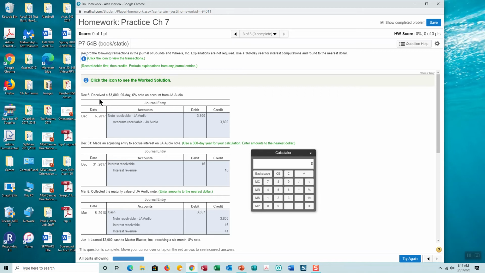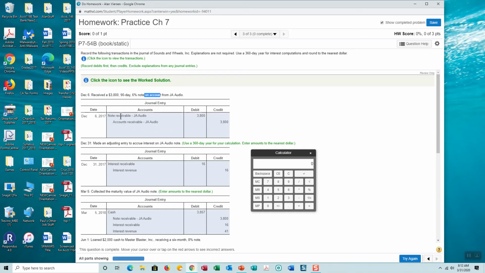The first one says we received a 90-day 6% note from JA Audio, and because it says on account, we know what that means. We're going to exchange our account receivable for a note receivable. They need extra time, so we're going to give it to them.